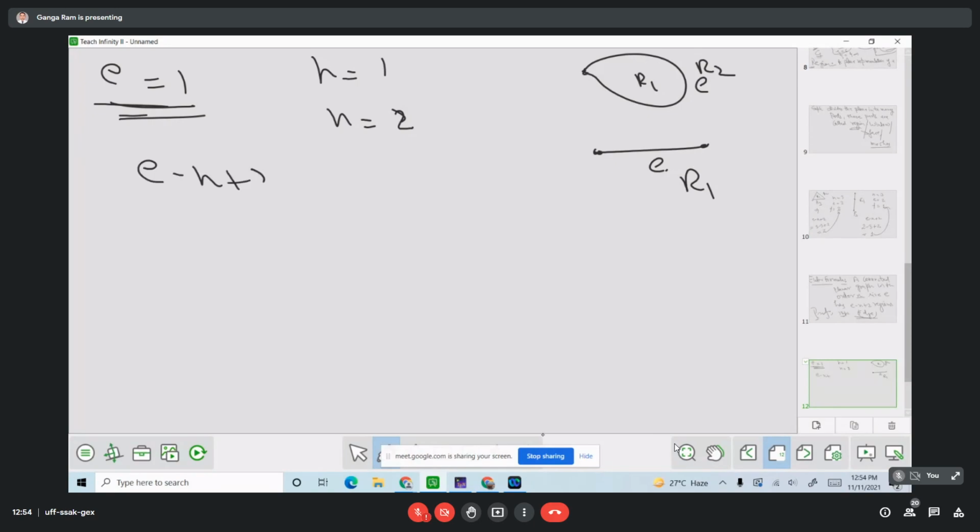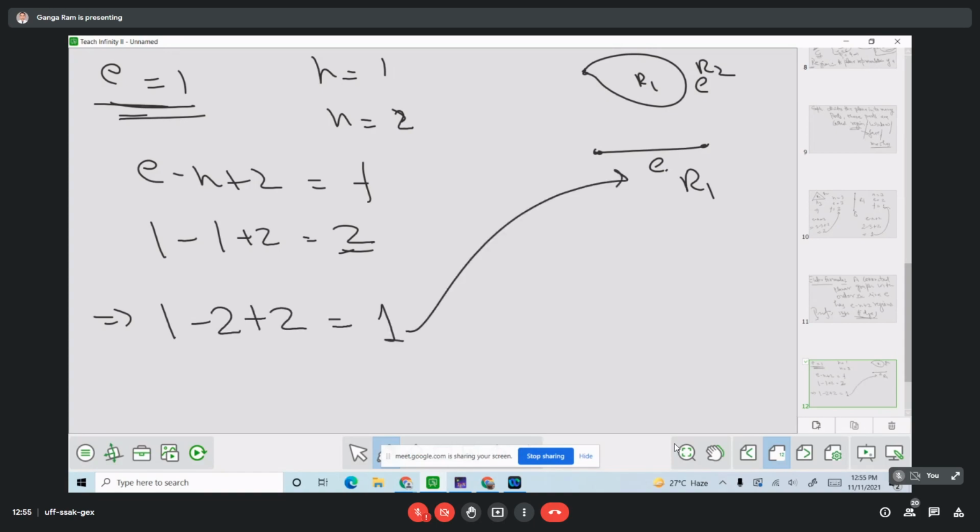E minus n plus 2, first case: 1 minus 1 plus 2 equals 2. Second case, E is 1, n is 2, so 1 minus 2 plus 2 is 1. So the initial stage is verified.